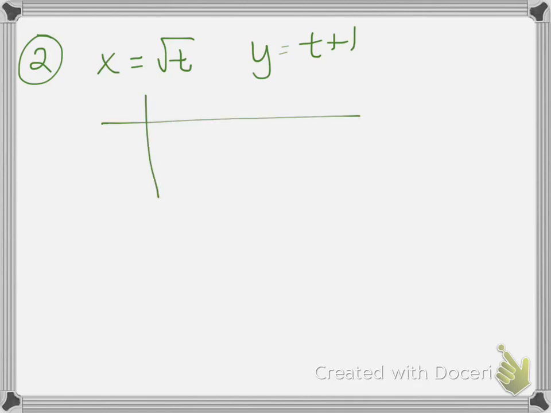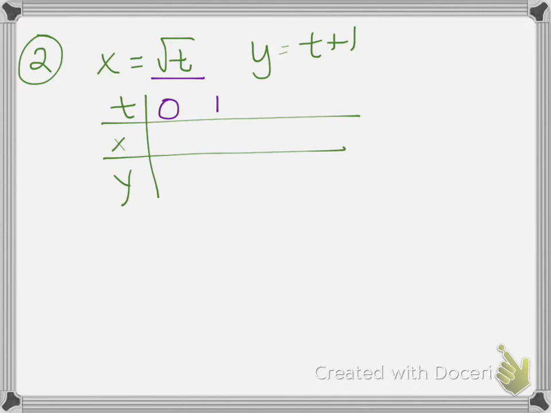So here's another example. X equals square root of t, and y equals t plus 1. This time, when I make my t's and my x's and my y's, I'm not going to put any negative values for t, because I know that I can't take the square root of any negatives. So I'm going to start it at 0.